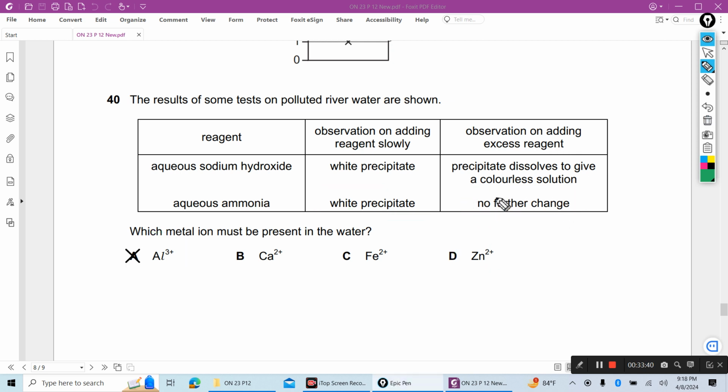But here the result is no further changes. That means the answer will be the Al3+ ion. Aluminium ion reacts with ammonia to form a white precipitate, and if you add excess ammonia the precipitate does not dissolve. That's why the answer is A.